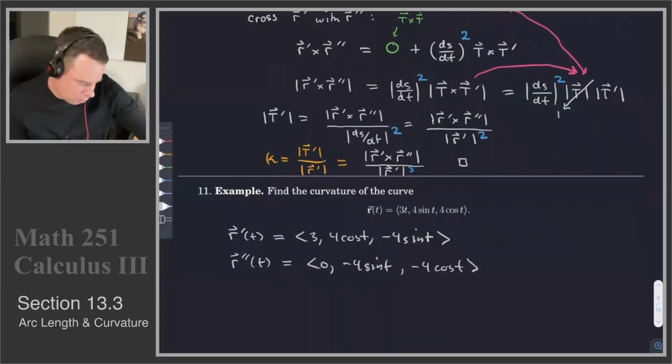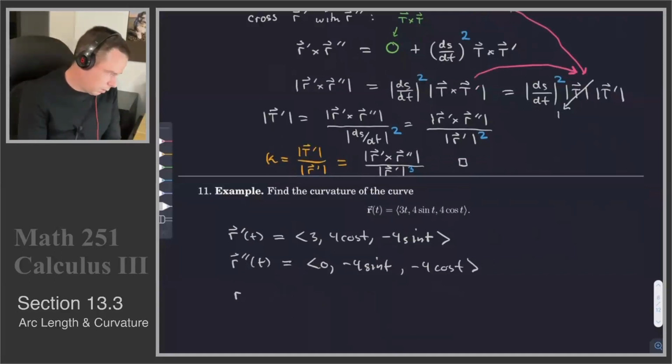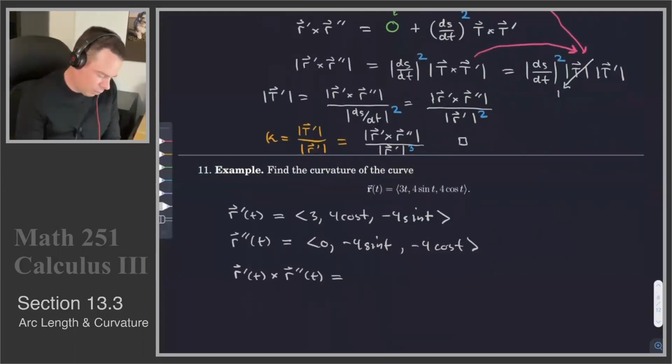Then what we need to do is take the cross product of these two, r prime of t cross r double prime of t. You can set up that cross product however you like. I'll just write down the result in this case. The cross product is negative 16, 12 cos t, and negative 12 sine t.